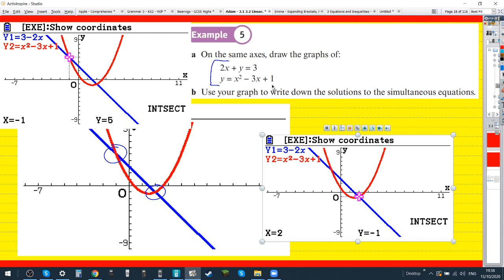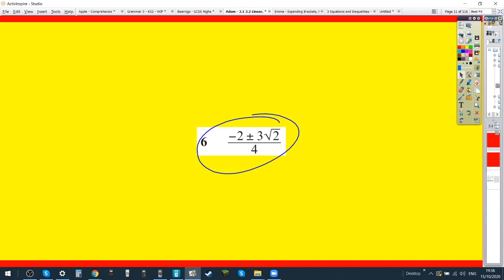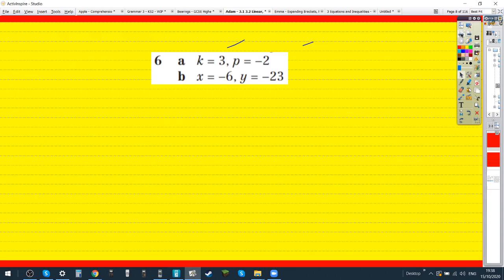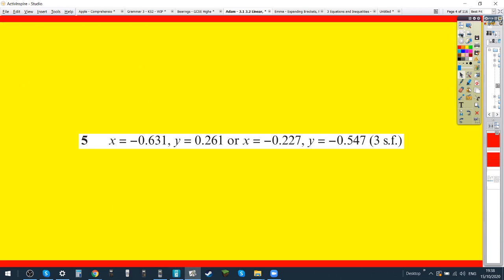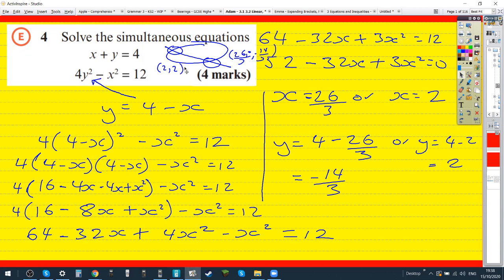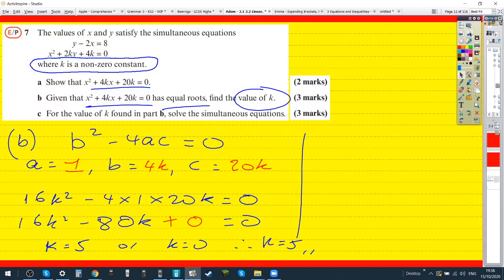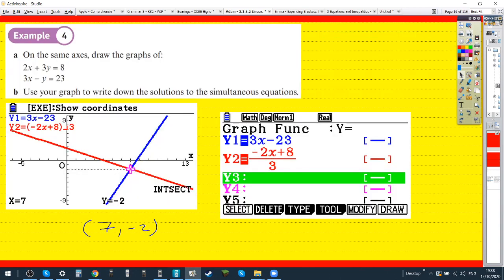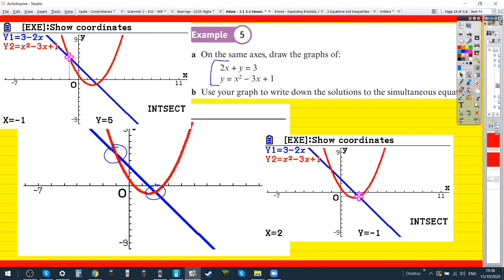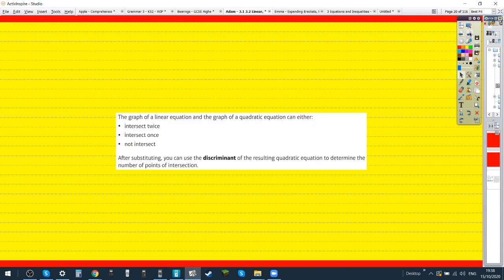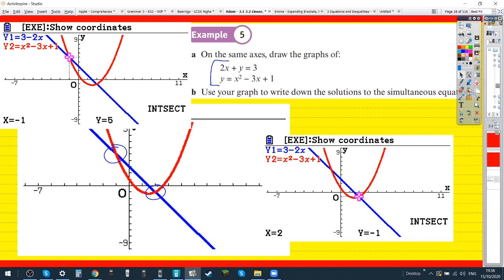If they say solve using algebraic methods only, you have to solve it using this stuff that we did, this way. Sometimes it'll give you a graph and say use a graphical method. So if it doesn't say anything like that, can you just use either? Yeah, if it doesn't specify.